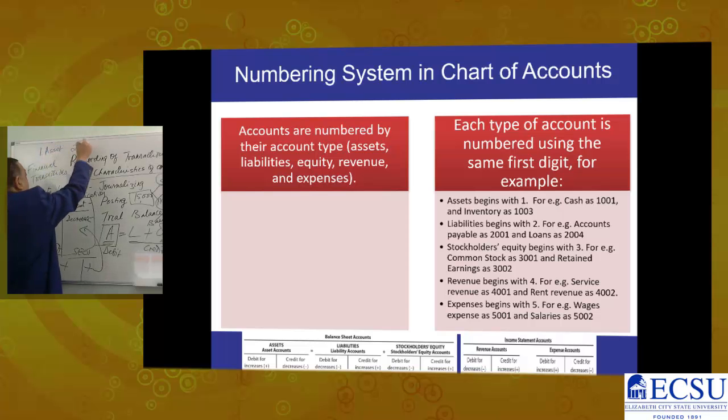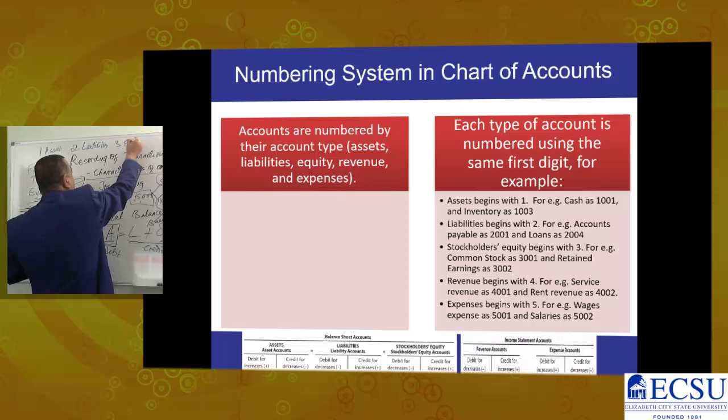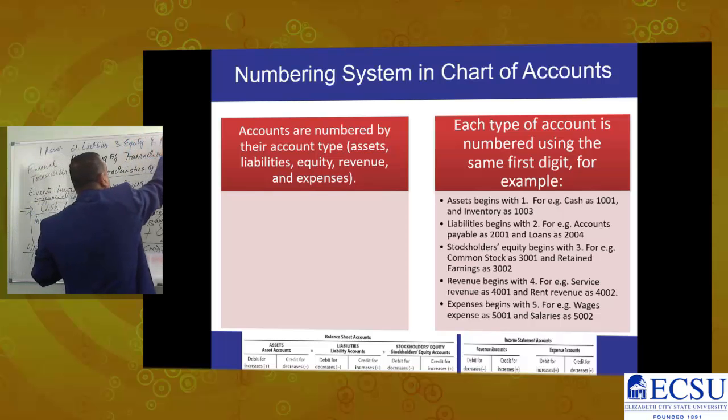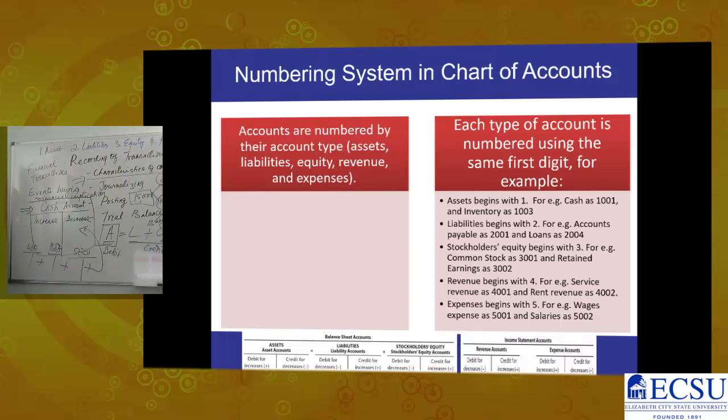If it is a liability, it will always start with 2. If it is an equity, it will always start with 3, and then 4 will be the revenues and 5 will be the expenses. So these are the numbers that we use to denote what kind of an account it is.